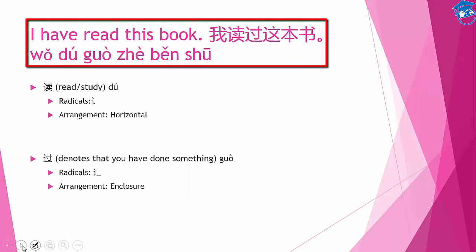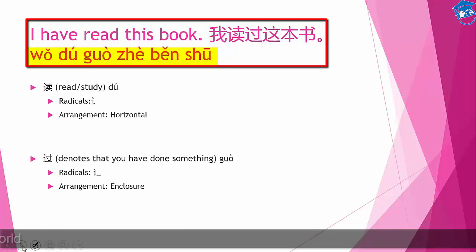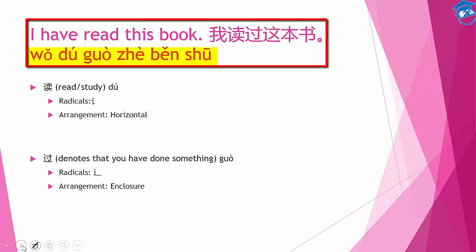Next one is I have read this book. 我读过这本书. This is the present perfect, which means that this sentence is more concerned about the experience of doing something. There are 2 new words like the previous slide.